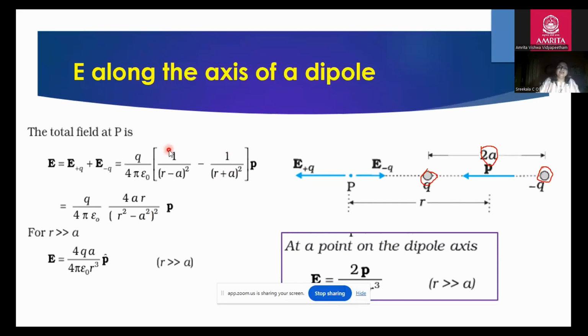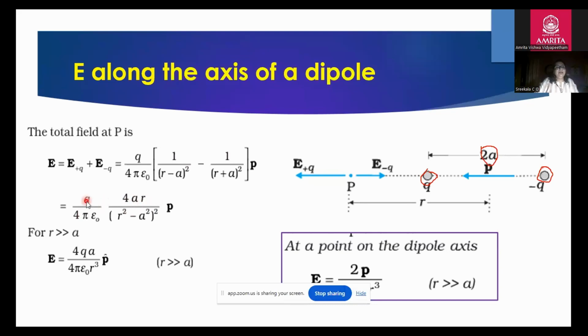So (R plus A) the whole square will be R square plus 2RA plus A square, and here also this will give you minus. Then when you do that, you will get 4AR as the remaining quantity. The other quantities cancel out. That is, R square and A square cancel out. Only the adding component will be 4AR.